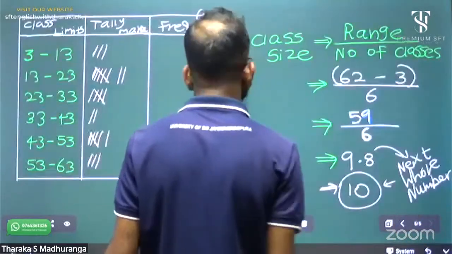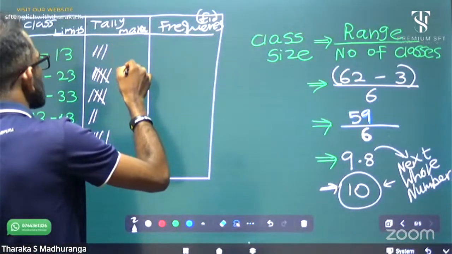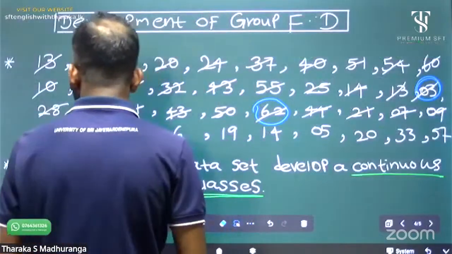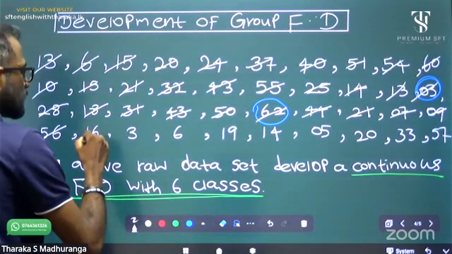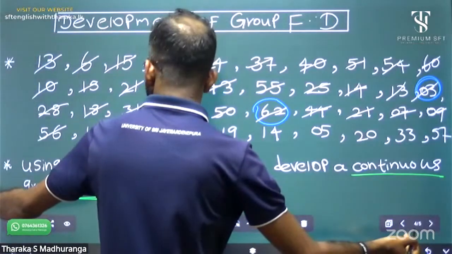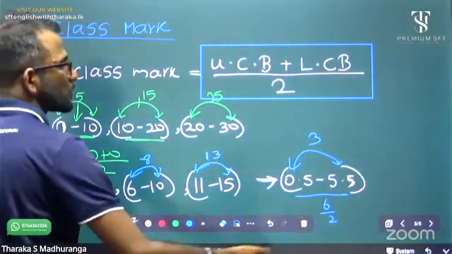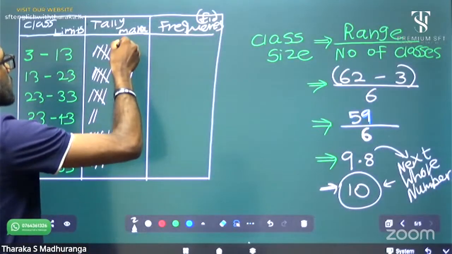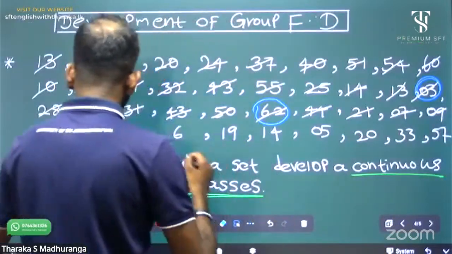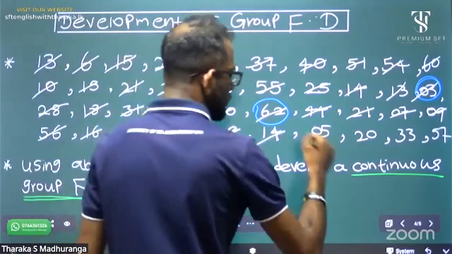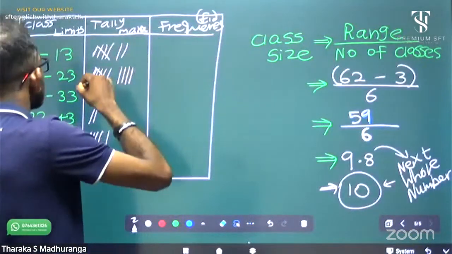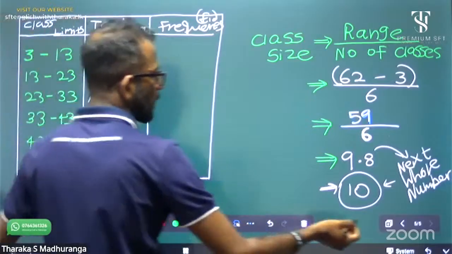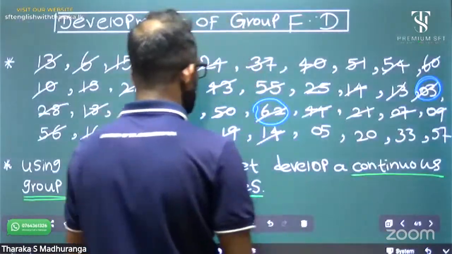21, 79. Final row: 56, 16, 3. 6, 19, 40. 6, 19, 14.